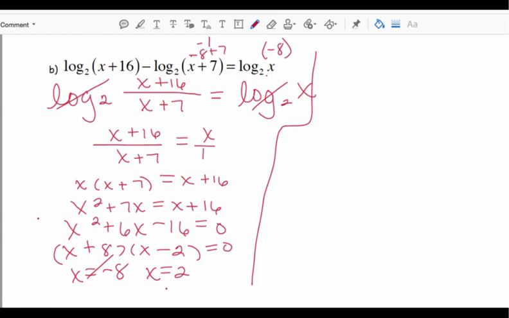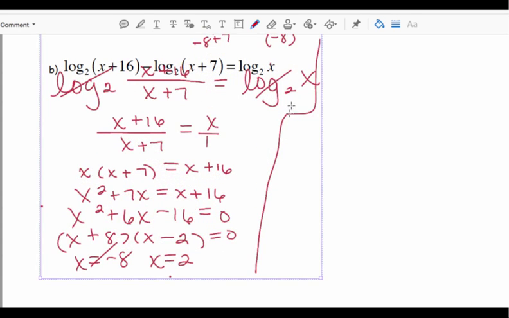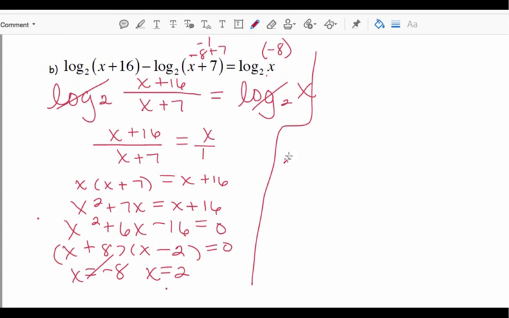I still have to substitute the 2 in, so let's go ahead and check that answer. We have log base 2 of 2 plus 16 minus log base 2 of 2 plus 7 is equal to log base 2 of 2.